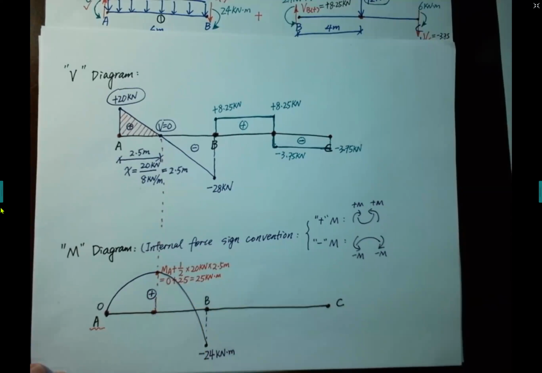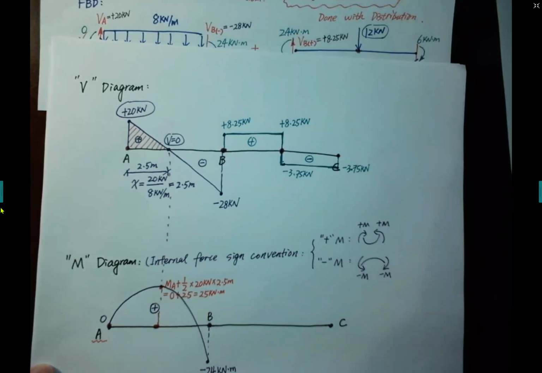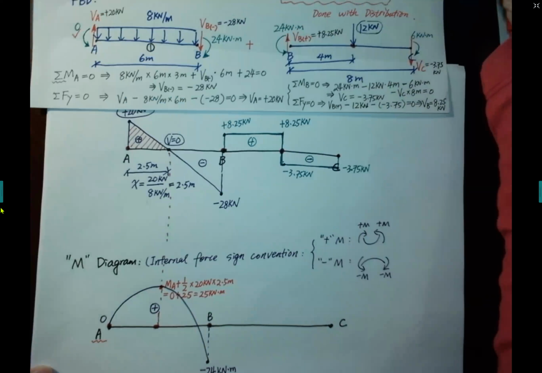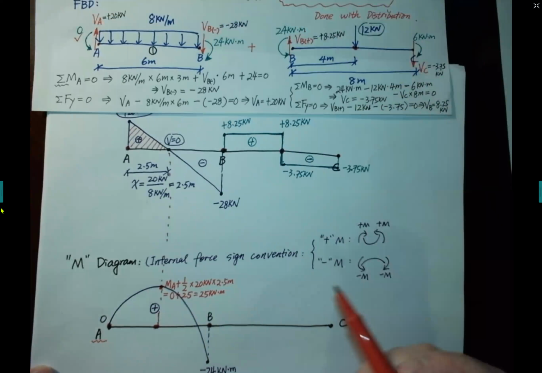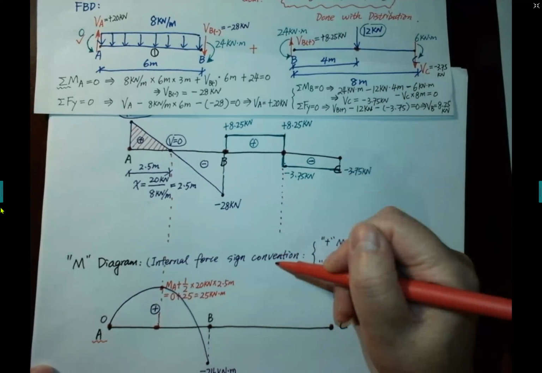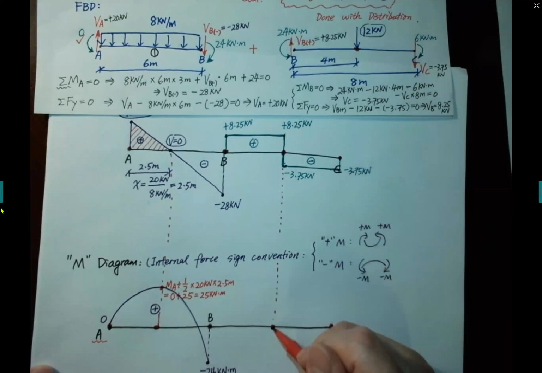And for BC, first identify those key points. For the BC segment, we also need to refer to the free body diagram. The key points are the support and beam ends B and C, and also the shear change point, which is under the 12 kilonewton load right here.